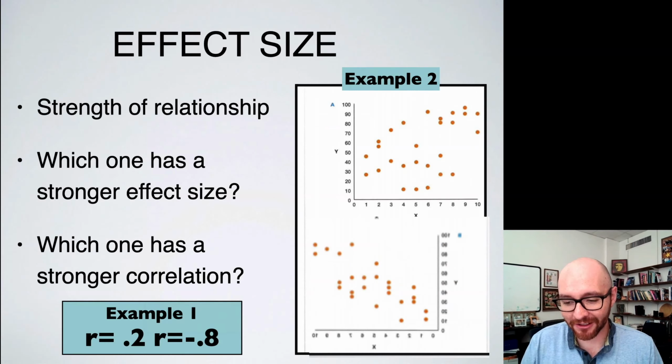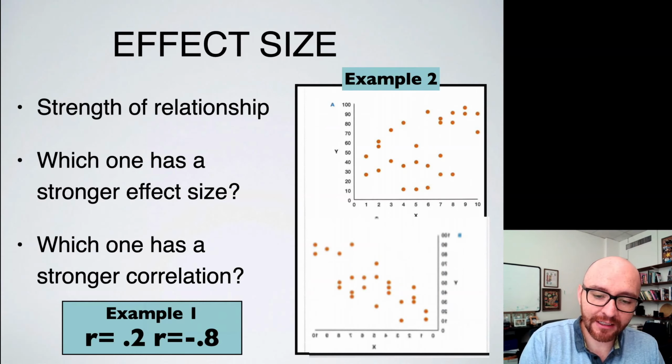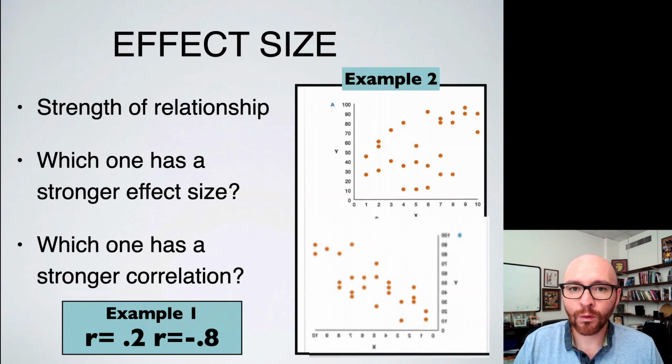I think when I took that screenshot, it came out that way. But thinking of these examples, which one has the strongest effect size? Now, look at the bottom one. So put aside the scatter plot for a second. Look at the bottom one, where it has r equals 0.2 and r equals negative 0.8.